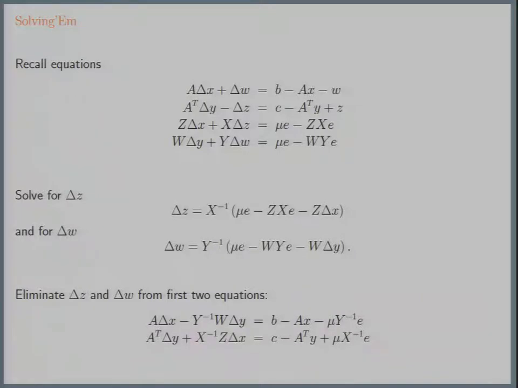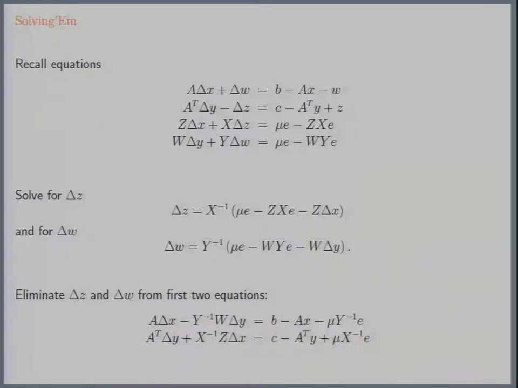We can reduce this a little bit because this is a diagonal matrix. It just has the components zj over xj on the diagonal. I could use the first equation to solve for delta x and then eliminate delta x from the second equation.